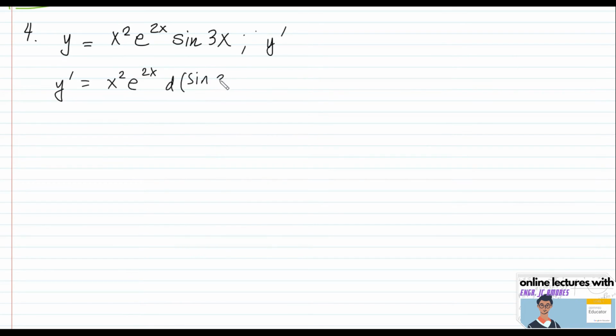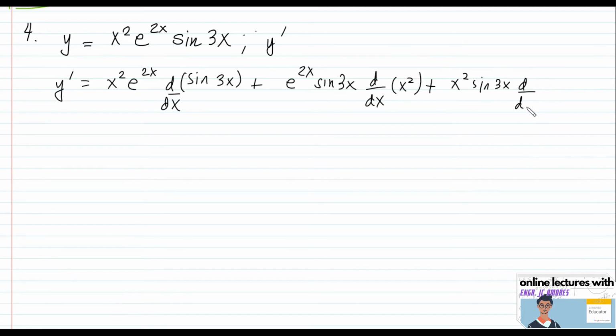So the derivative of sine 3x, and then plus, let's combine e raised to 2x and sine 3x. Therefore we will get the derivative of x squared, and for the last we have x squared and sine 3x, and then we'll get the derivative of e raised to 2x.